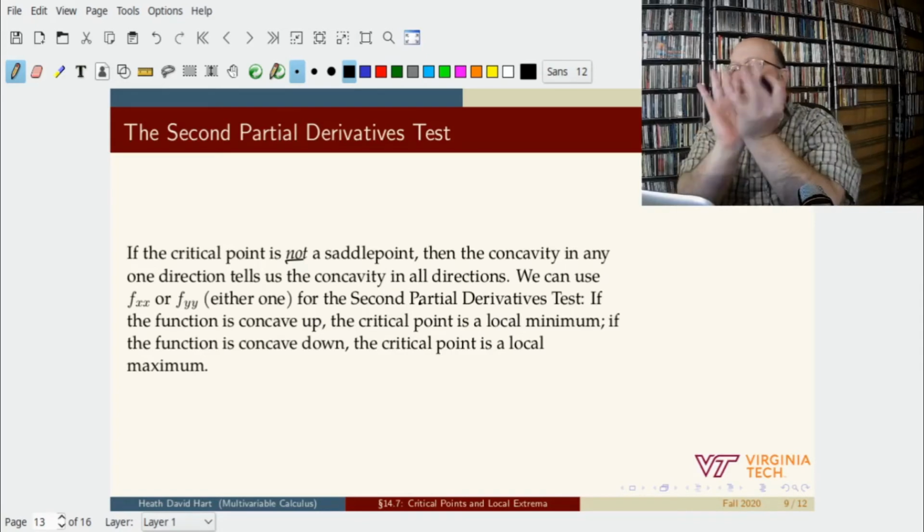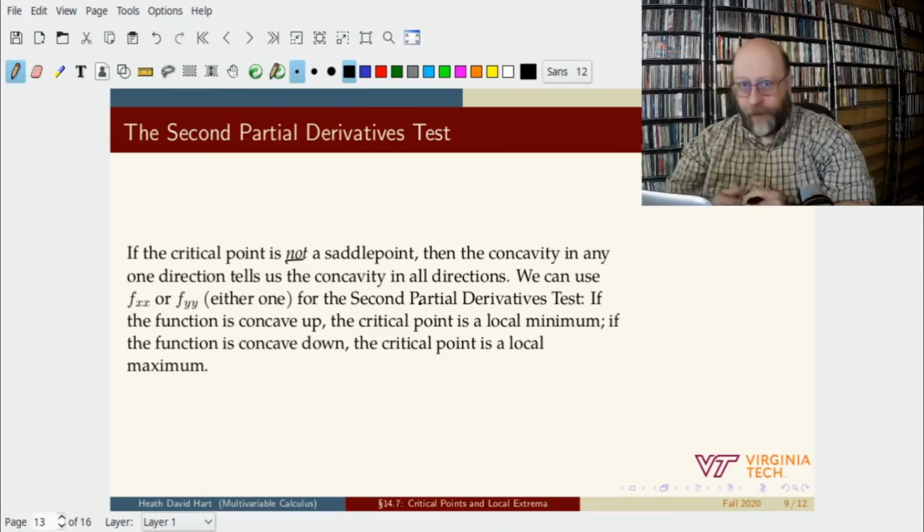It stays the same all the way around. And so once we know that a critical point is not a saddle point, either of the concavity coefficients tells me the correct concavity for the shape. And if the graph is concave up, the critical point is a local minimum. And if the graph function is concave down, the critical point is a local maximum.